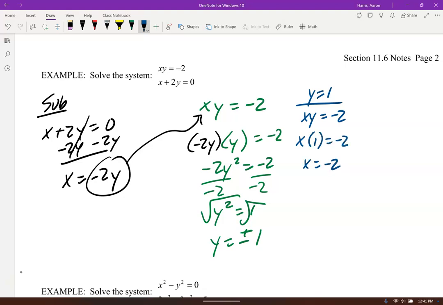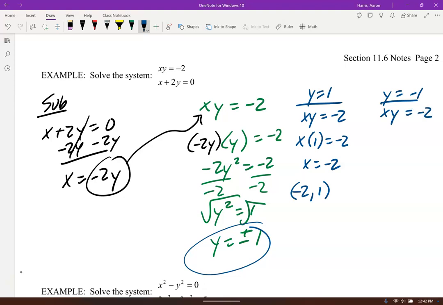So x is negative 2. So when y is 1, x is negative 2. And notice if I plug that y equaling 1 into the bottom one, it would also give us that. Well, y was not only 1, it was negative 1 as well. So y could be negative 1. Again, I could plug it into either one. Either one will spit out the same x value here.